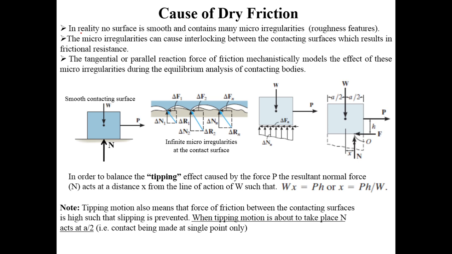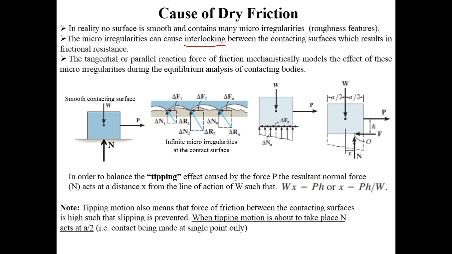So we see that in reality, no surface is smooth, and it might contain micro irregularities or micro roughness features at the interface. These micro irregularities or roughness features can cause an interlocking effect, which results in the friction.